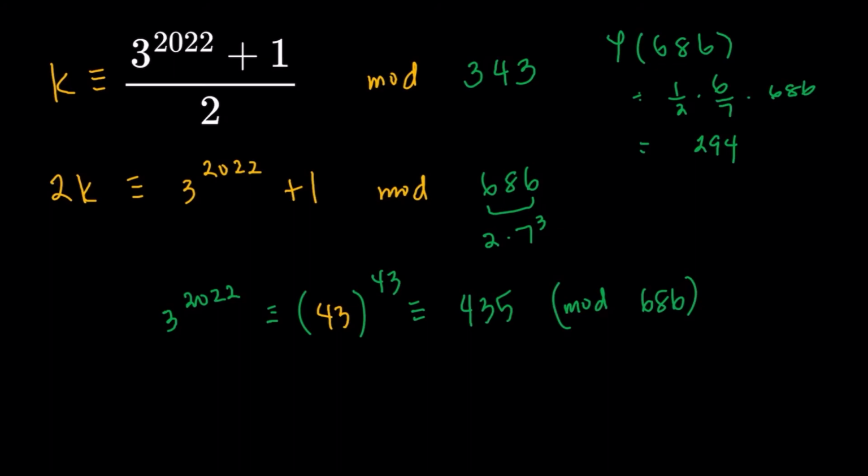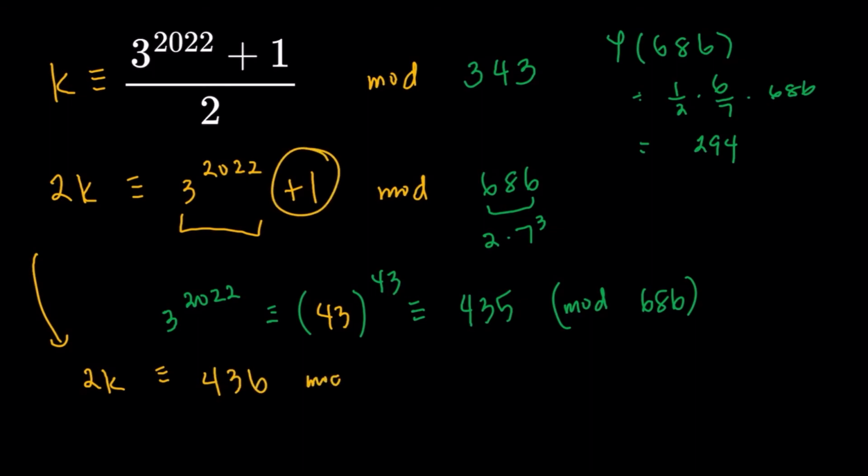Now, let me just continue on from here. 2k would be congruent to, well, 3 raised to 2022, it's going to be 435 under mod 686. So adding 1 to it, it's going to be 436 mod 686. And then just deal with this one. Sorry, k would be congruent to 218 mod 343. And there we have it. We have 218 under mod 343.